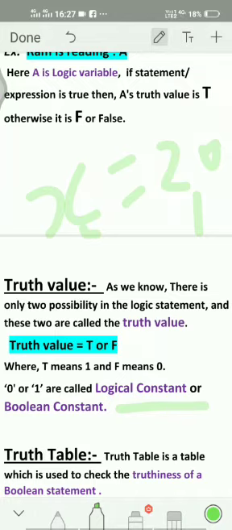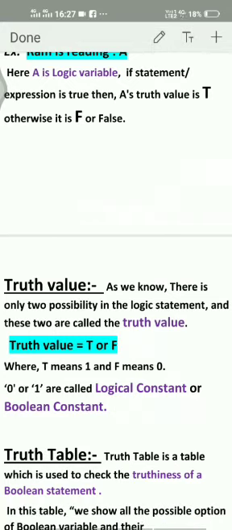Same here in Boolean variable. The value T or F is known as a logical constant. So T means 1, F means 0, true means 1, false means 0. 0 and 1 are Boolean constants or logical constants.